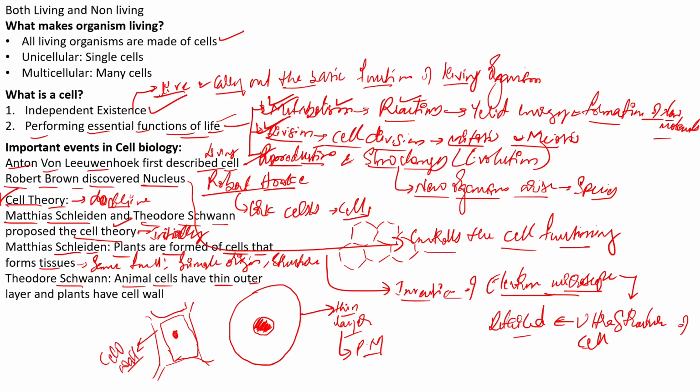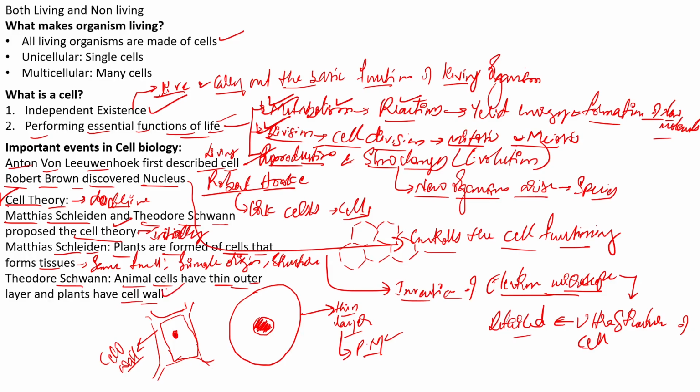So it was Schwann who observed that animal cells have an outer thin layer, and we now call this thin layer what? The plasma membrane. But at that time he did not call it the plasma membrane. We now know that it is actually the plasma membrane. And he also observed in plant cells another structure called the cell wall.